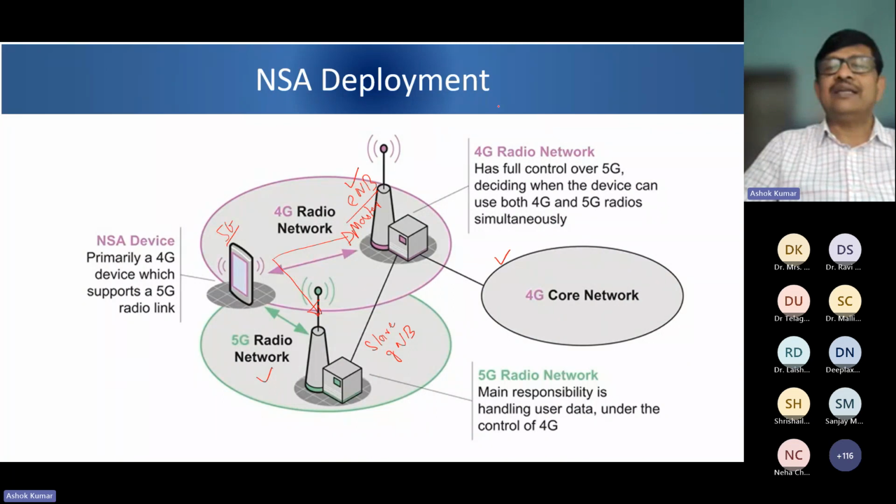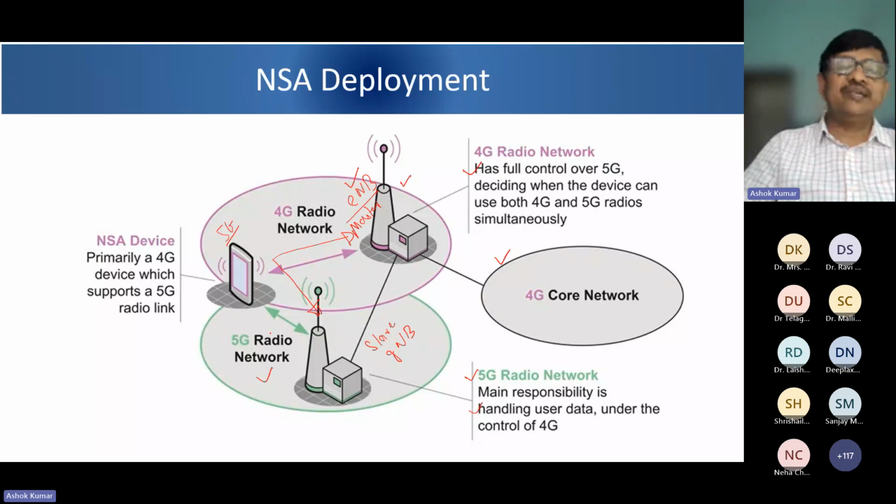That means the 4G radio network has full control over 5G, deciding when the device can use both 4G and 5G radio simultaneously. And this 5G radio is mainly responsible for handling user data of the device on 5G, of course under the control of this 4G network.